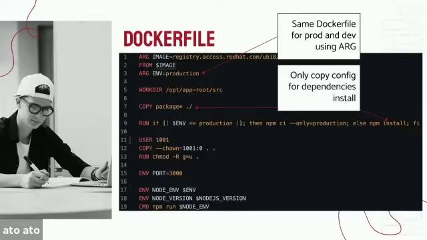Another one is, I see people doing in Dockerfiles, copying everything, their package.json and all these JavaScript files, to the container and then doing an npm install. I say, use this pattern where you only copy the package.json or the package lock file and then run npm install if you are doing development, but run npm ci otherwise. There are equivalents for Yarn, right?